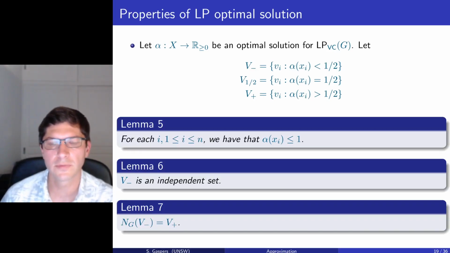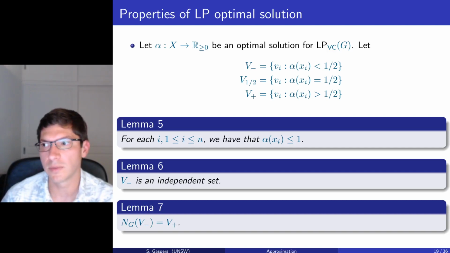We can also observe that it doesn't make sense to assign values to variables that are more than 1. Why is that? Well, because all the values are at least 0. So if we assign a value that's more than 1 to any variable, we are basically wasting.